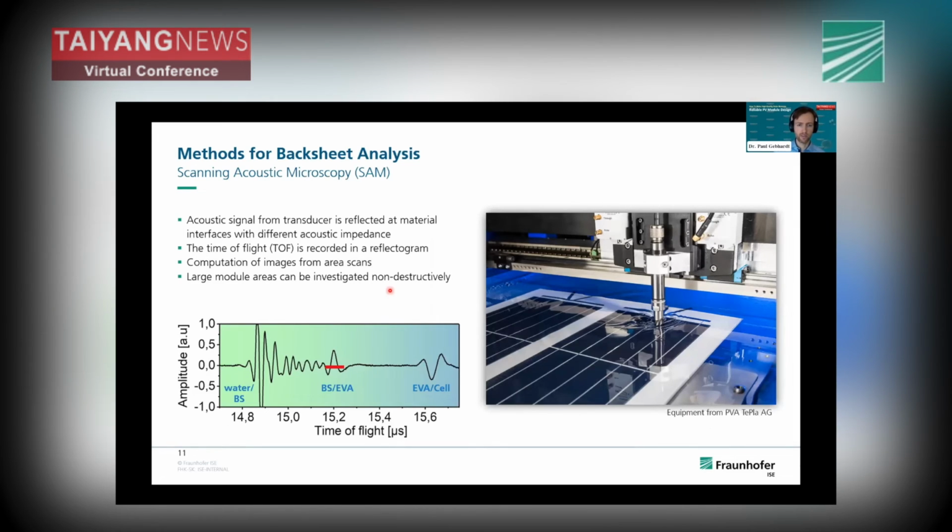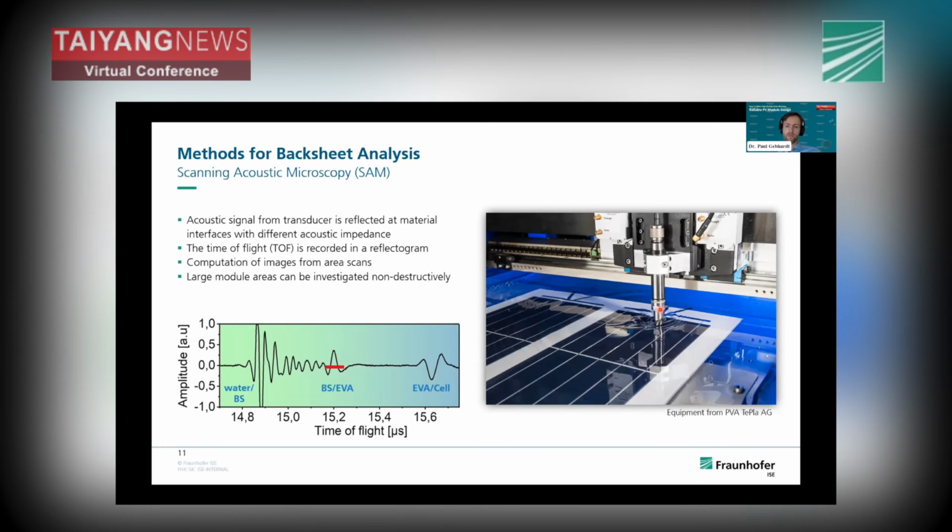Another very interesting method is scanning acoustic microscopy. It's nice because it's a non-destructive method, and this image is on a small size module, but we can also do it in a similar way on full size modules. The concept consists of a transducer, which you see here, which scans over the PV module, which is put in a coupling fluid, which can typically be water.